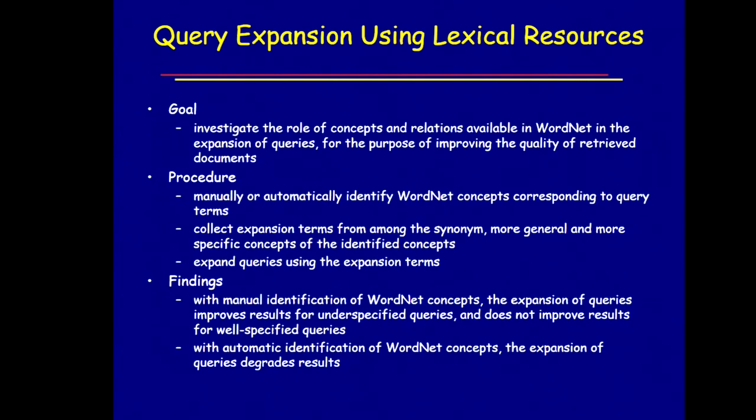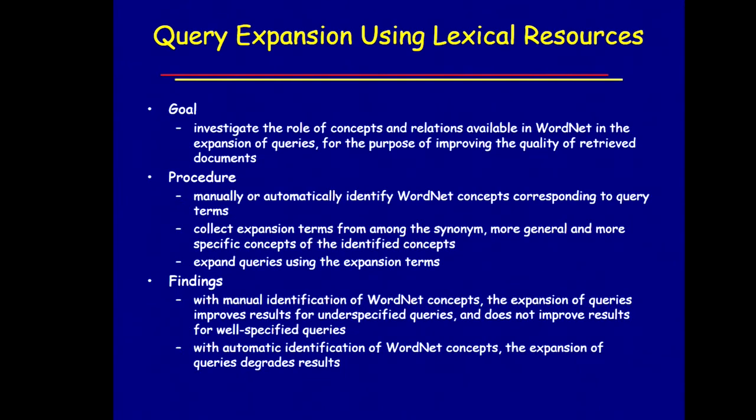One is what you expect someone to do, which is check if there is an automatic method that you could come up with that would be beneficial for information retrieval by exploiting WordNet data. But then she also did a manual analysis.